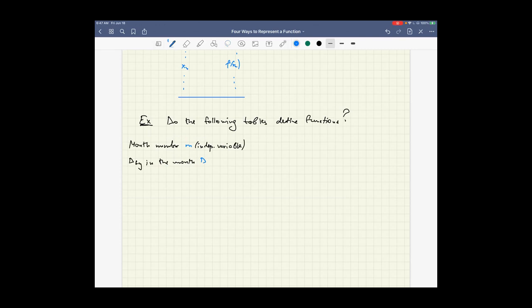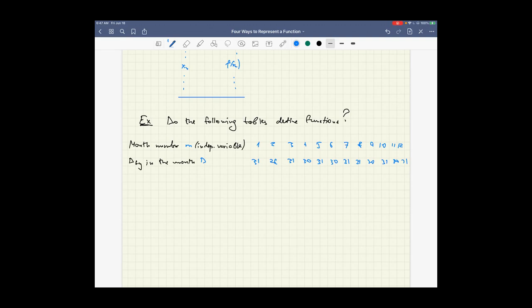And the first row is, of course, numbers 1 through 12. And the other row is numbers 31, 28, 31, 30, 31, 30, 31, 31, 30, 31, 30, and 31.